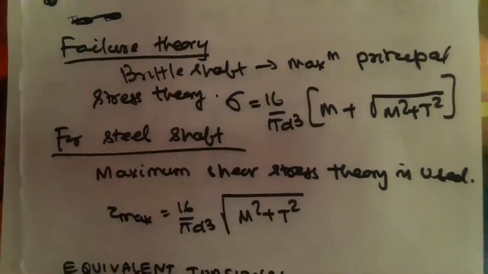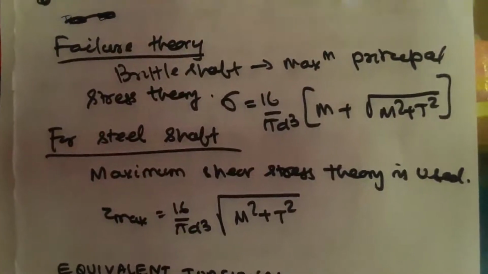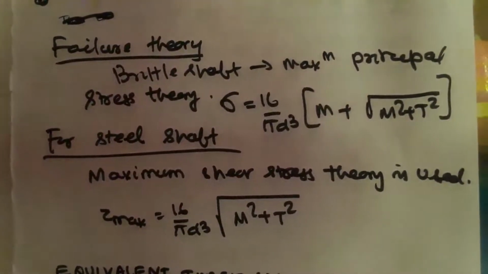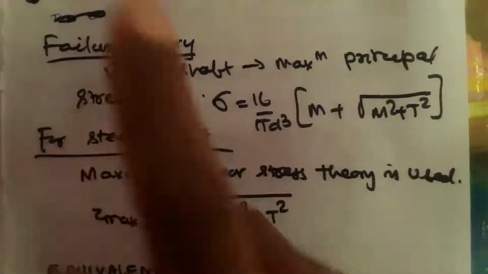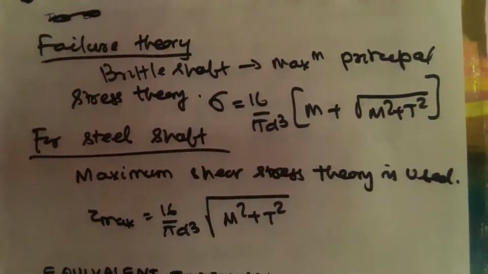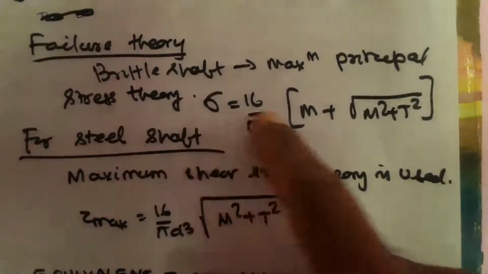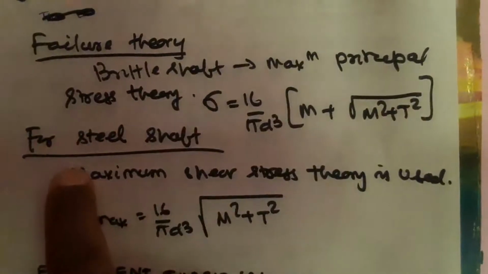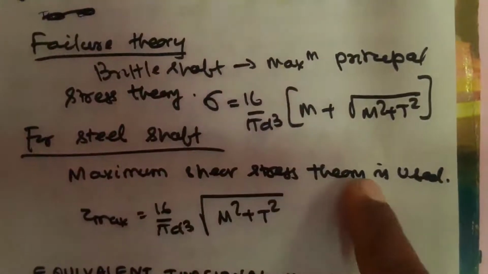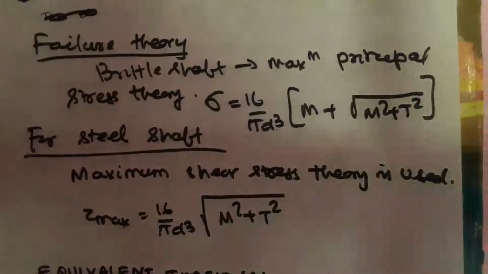So while designing, we have already discussed design on the basis of strength. We will be using the failure theory. For brittle shaft, we will be using maximum principal stress theory, and for steel shaft, which is ductile in nature, we will be using maximum shear stress theory.